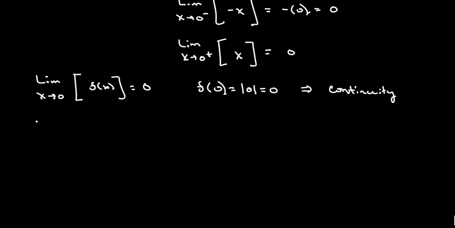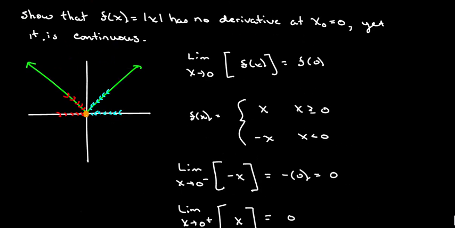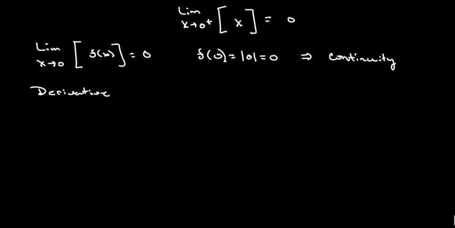However, what about the derivative? What we've shown is that the absolute value function is continuous at 0. So it is continuous here. What about the derivative? We're going to show that the derivative doesn't exist.